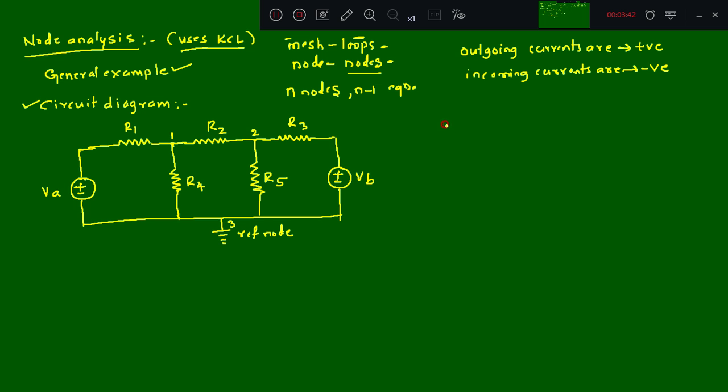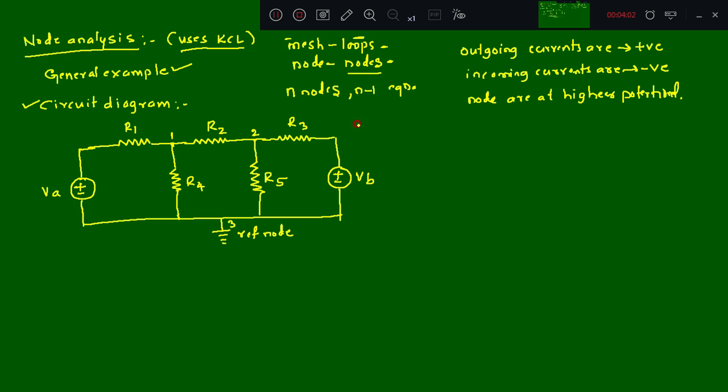One more thing: we assume that the nodes are at higher potential. This is very important. Nodes are at higher potential.